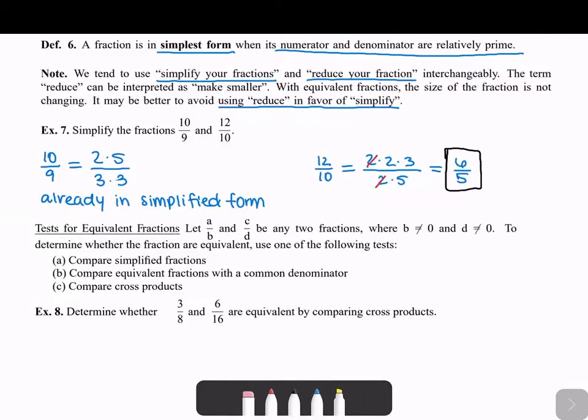Sometimes people will interpret simplifying fractions that are in improper form, like these two, as writing them as a mixed number. But we're not going to do that. That may be one way that you have heard of simplifying or rewriting fractions in the past, by making every improper fraction a mixed number.